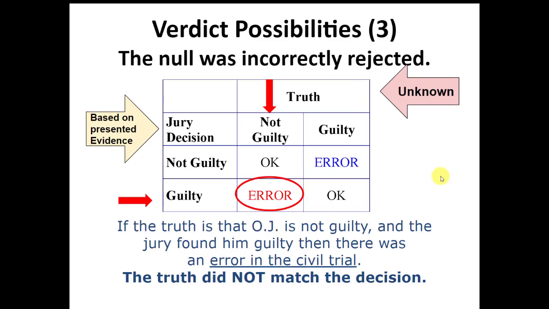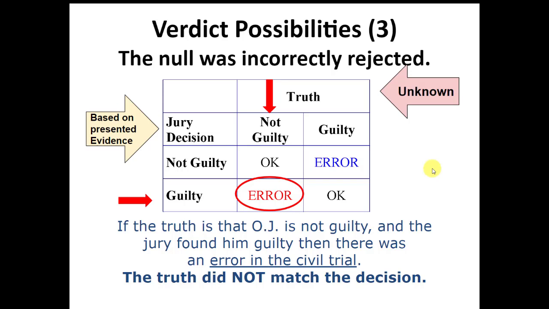The third possibility is this: the truth is that OJ was not guilty, and based on the presented evidence, the jury decided that there was enough evidence to find him guilty. In this case, there was an error committed because the jury found an innocent person guilty when they shouldn't have done that.